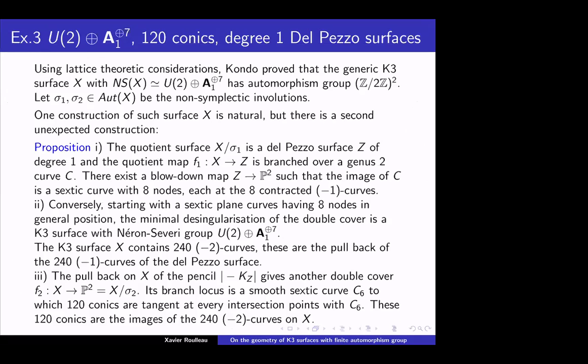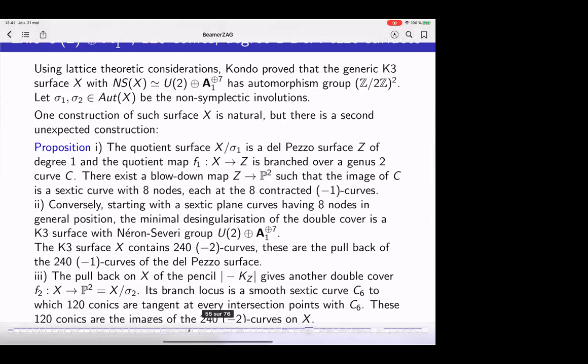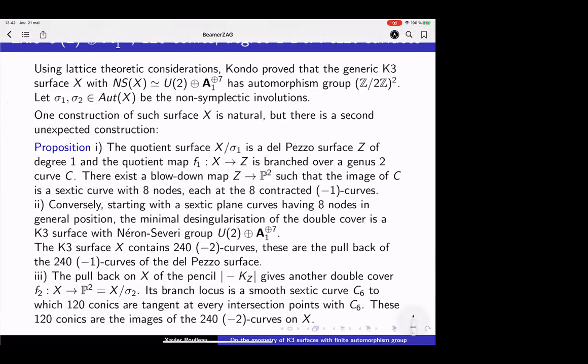Now the second construction. On your del Pezzo degree 1 surface, you have K_Z square equal -1. That means that f1 square of K_Z equals 2.